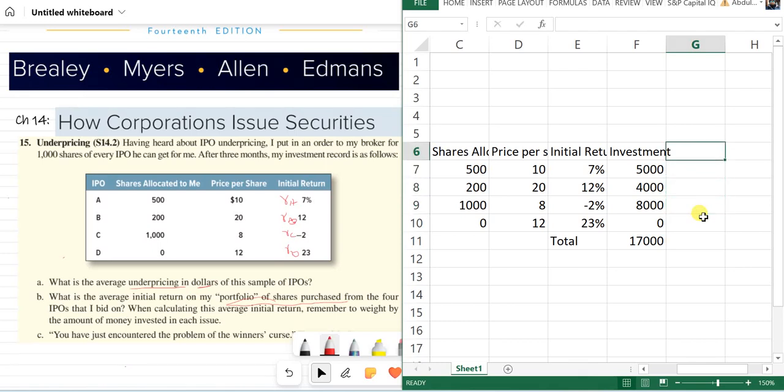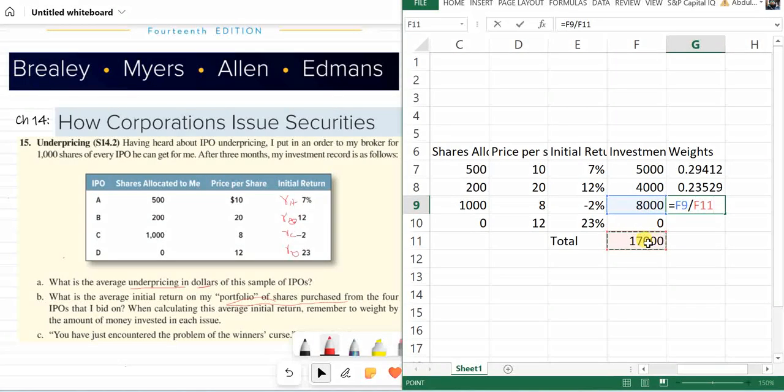Now we can calculate weights. Weights are the investment in IPO A divided by the total, similarly investment in B divided by total, and investment in C divided by total.